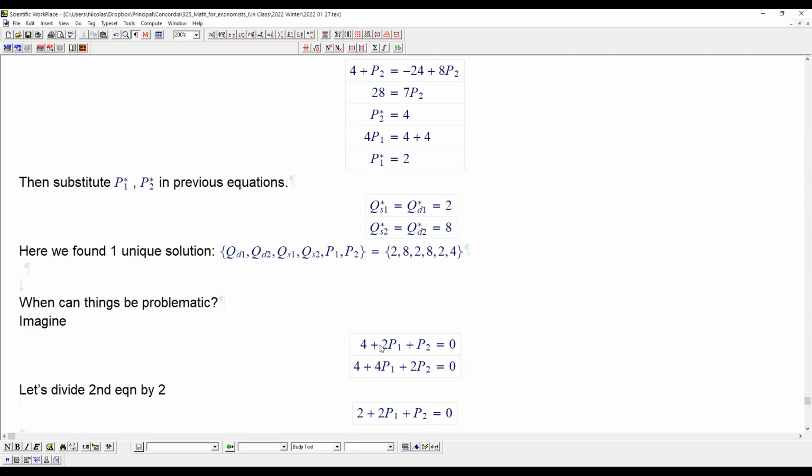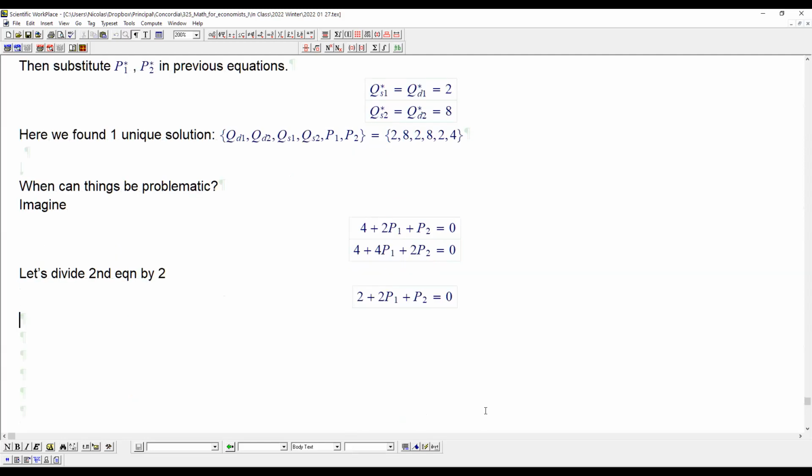So here we're saying we want something where 2P1 plus P2 equals 4, and also something where 2P1 plus P2 equals 2. So I can just use the first one and substitute with the second one. So what I'm looking at essentially is 4 equals 2. Is that possible? No, it's not.